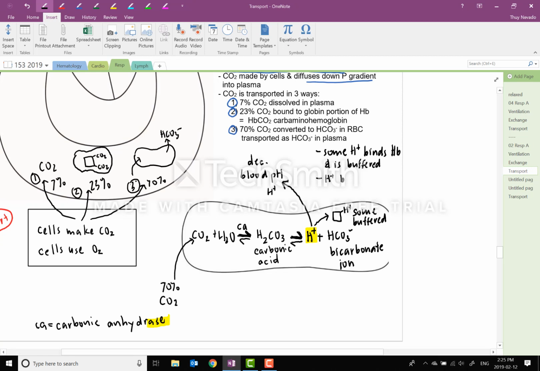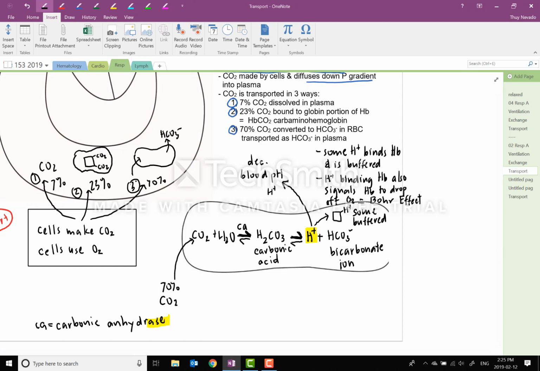So hydrogen binding hemoglobin also signals hemoglobin to drop off oxygen. You want to bump off oxygen, so this is the Bohr effect. So that takes care of the hydrogen.